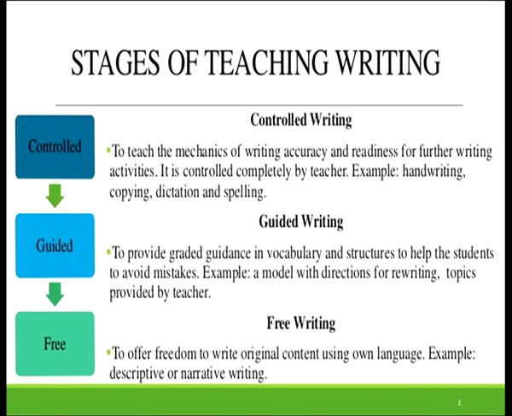Guided writing means to provide graded guidance in vocabulary and structures to help the students to avoid mistakes, such as a model with direction for rewriting topics provided by the teacher. Then comes free writing. Free writing means offering the students to write original content using their own language. For example, descriptive or narrative writing.